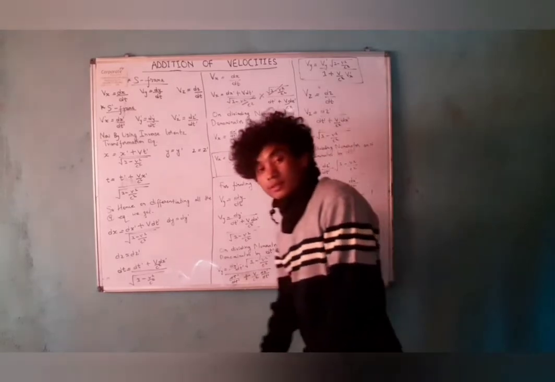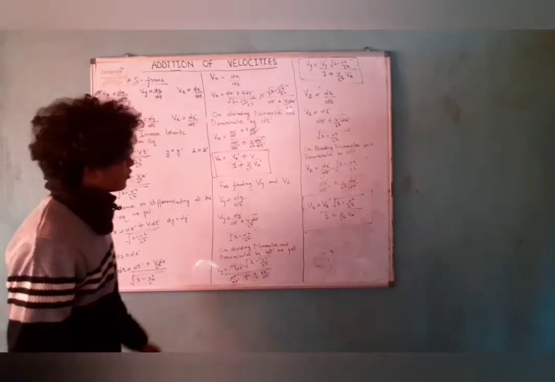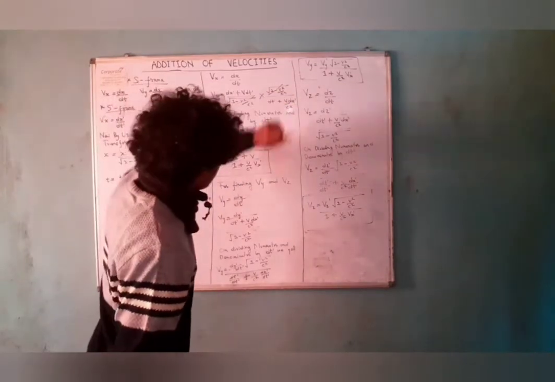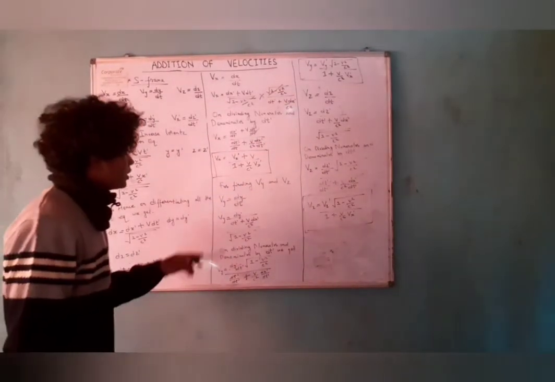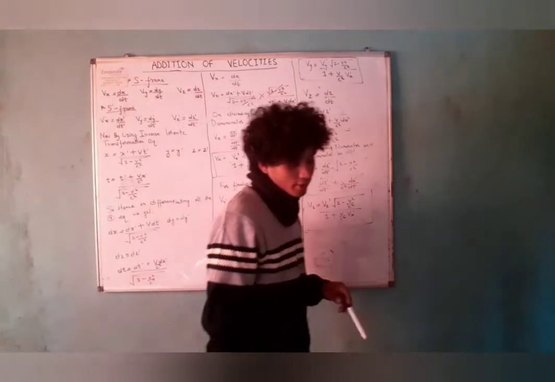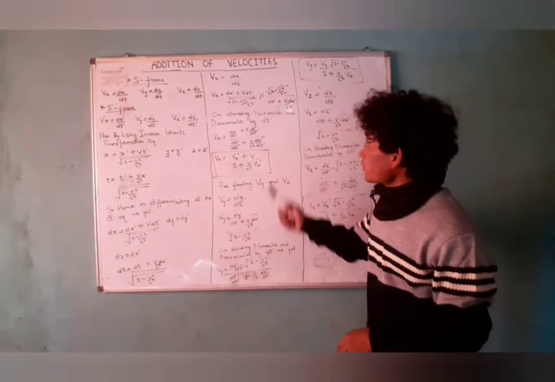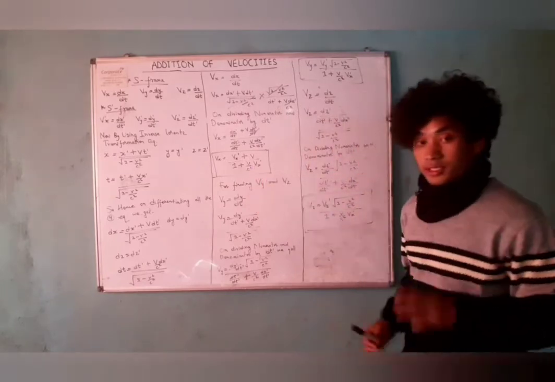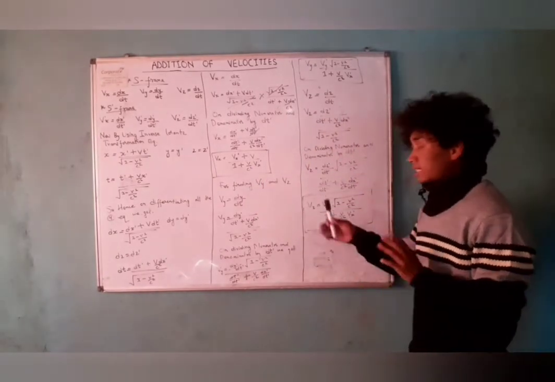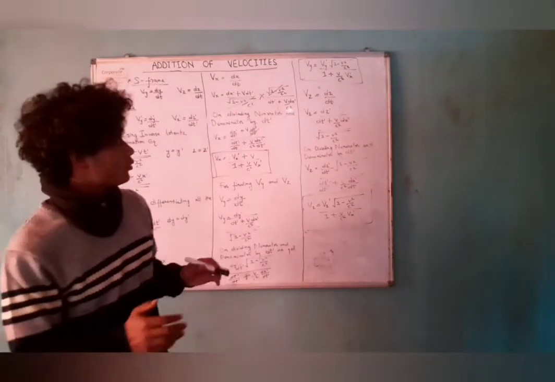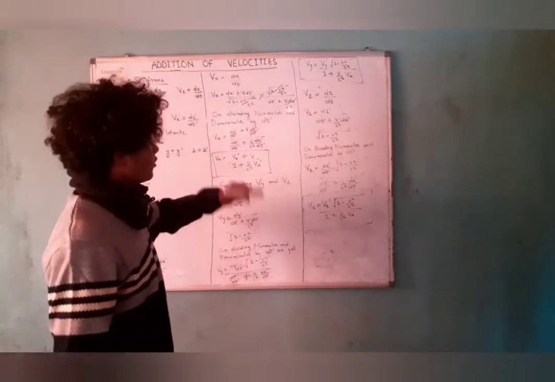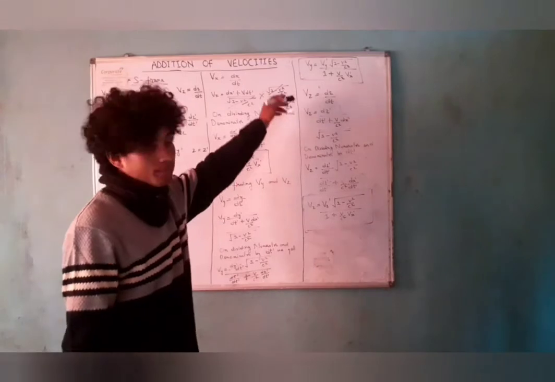So here we get a different value of vz and vy as compared to vx, because the S prime frame is moving along the x direction. That's why we get a different value of vx as compared to vz and vy.